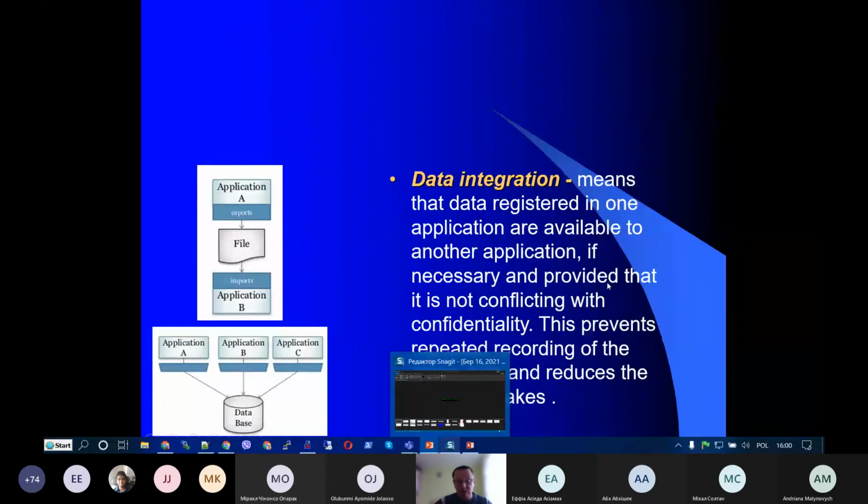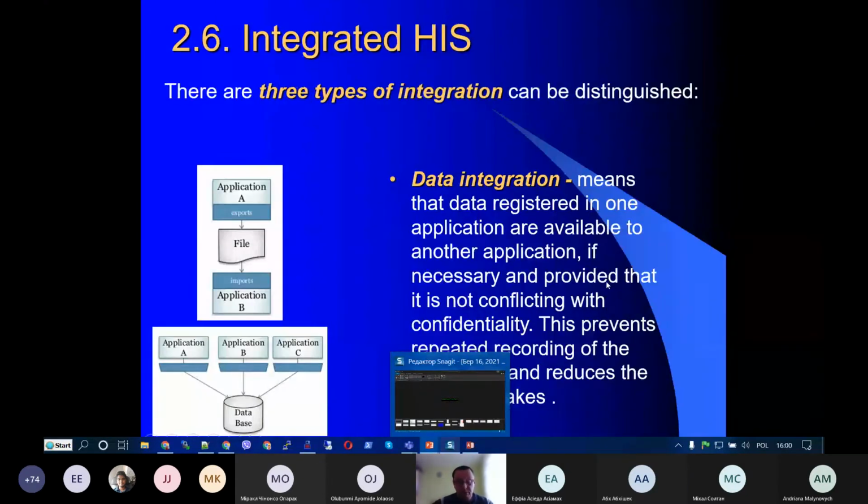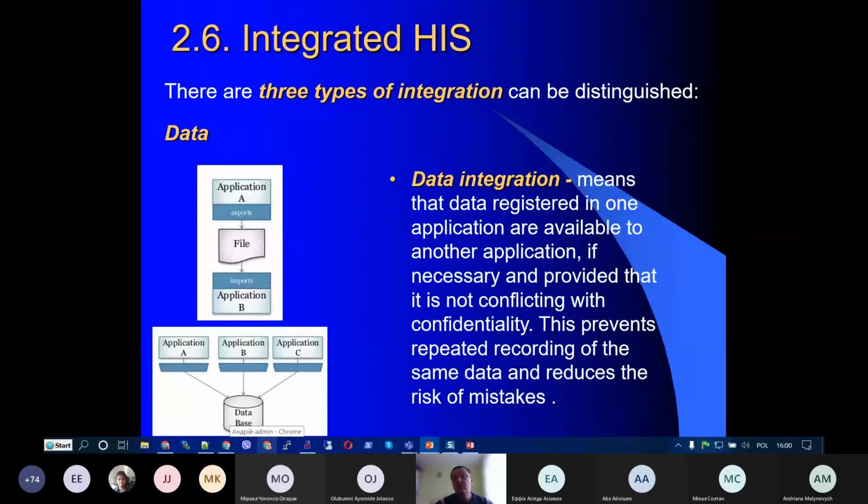And here is also an important point. When we talk about integrated information systems, it would be good to denote the types of integration. Here are three of them. First of all, the most conventional is data integration.